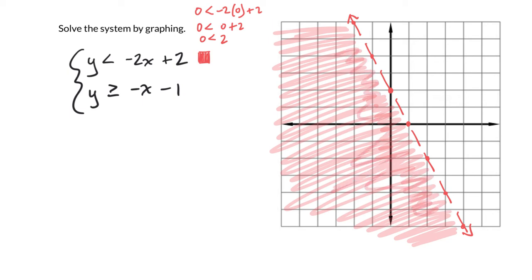Okay. Let's do blue for the next one. So I've got a y-intercept of 0, negative 1, and then a slope of negative 1. So that's going to be down 1, over 1, up 1, backwards 1. We're going to look like this.